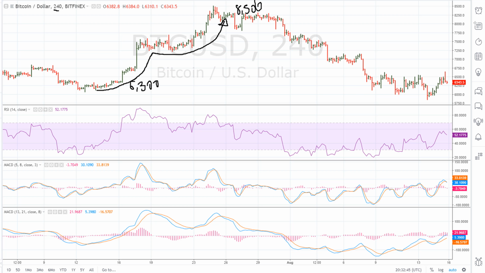And that was for a good gain of about 30% plus, 30% gain in a couple of weeks.